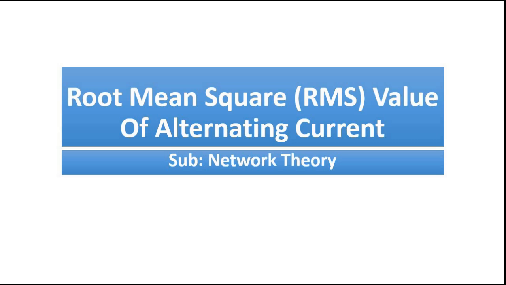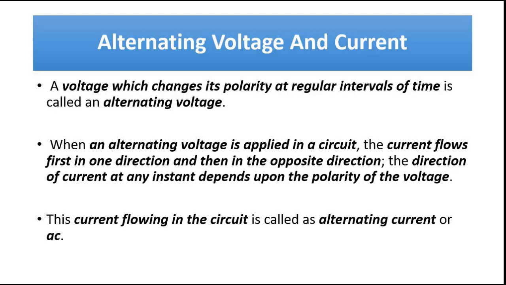Before that, a quick review of what alternating voltage and current is. As we have already discussed, an alternating quantity, whether it is a voltage or a current, is a parameter whose two important aspects, magnitude and direction, change with time.